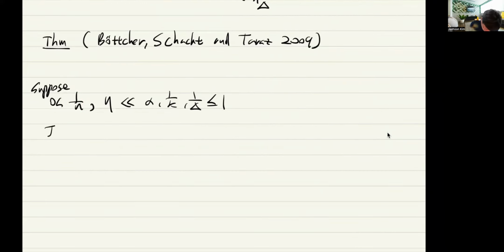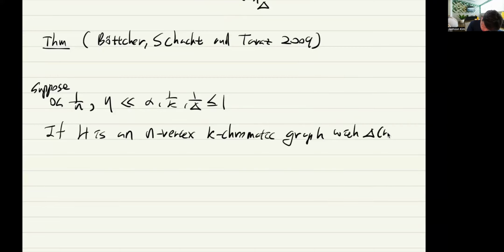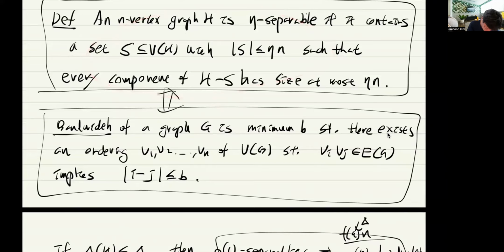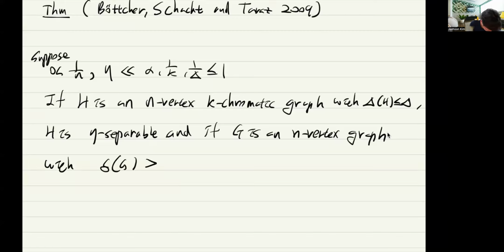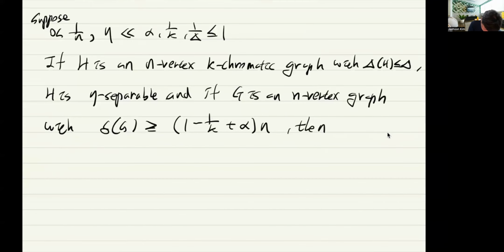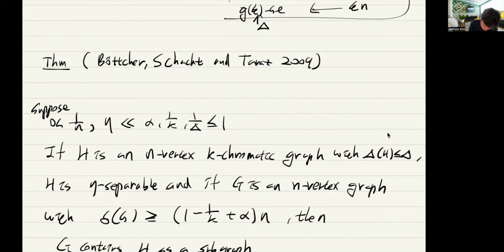following statement holds. If H is an n vertex graph with chromatic number k and its maximum degree is bounded by delta, and H is eta separable, (separability is something like having not too high connectivity, somewhat low connectivity), and if G is an n vertex graph with minimum degree at least (1 - 1/k + alpha) times n, then G contains H as a subgraph.